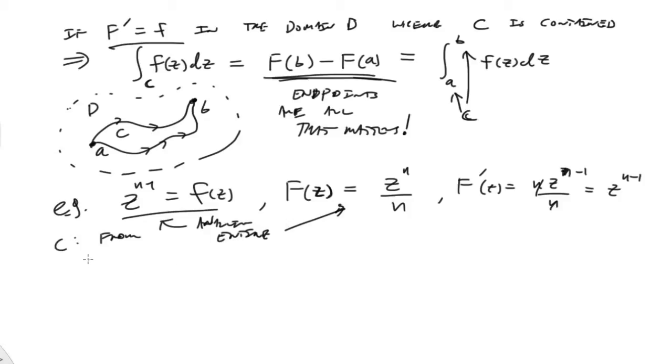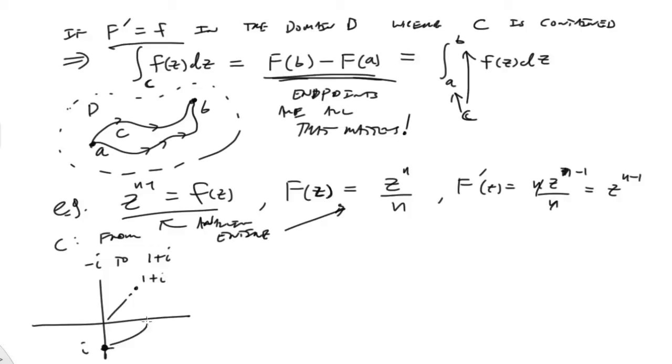So if we take a contour, let's say we'll take a contour from negative i to 1 plus i. Okay, if that's a contour, then I can write that as follows. So here's negative i, that point there, and then 1 plus i, right there.